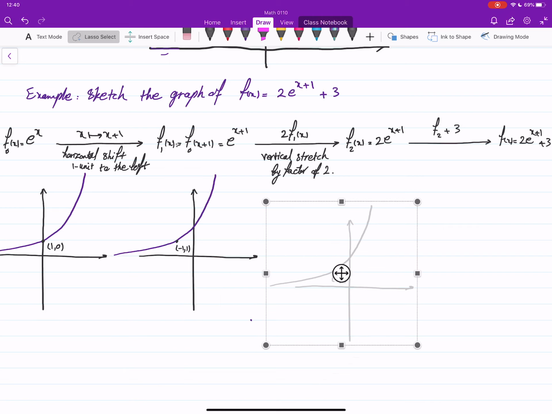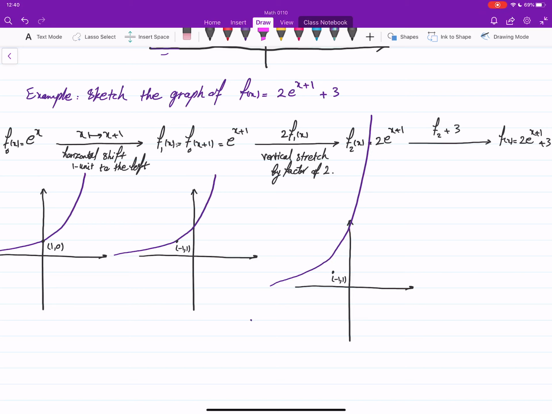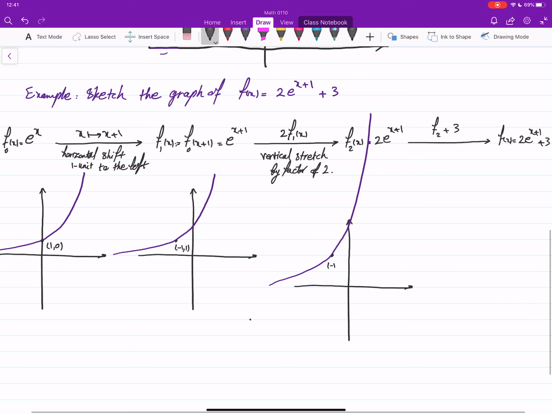Everything is multiplied by 2, so it will go up like that. Makes sense. And as you can see, the point (negative 1, 1) is now going to be at (negative 1, 2) because we stretched it by a factor of 2.